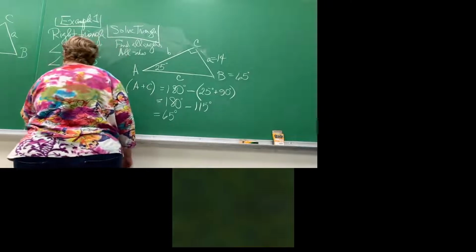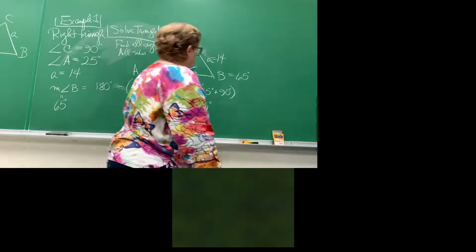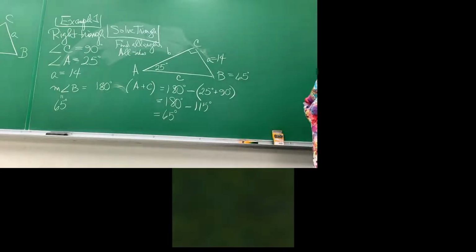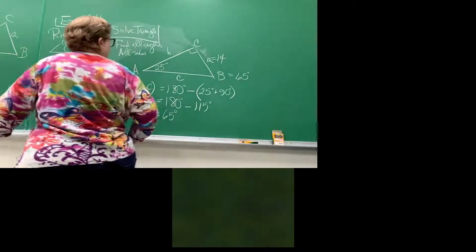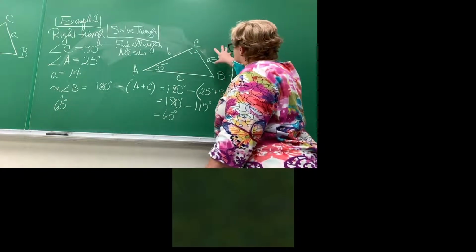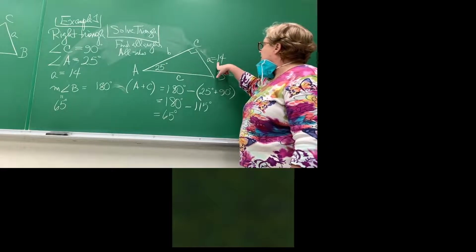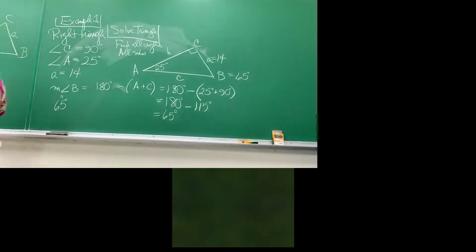So we've got the measure of angle B, measure of angle A. How do we find little b and little c? How do we find those sides? Trigonometry. Good, okay. So which trigonometric function involves side a, the side that we have? And which side do you want to find first?